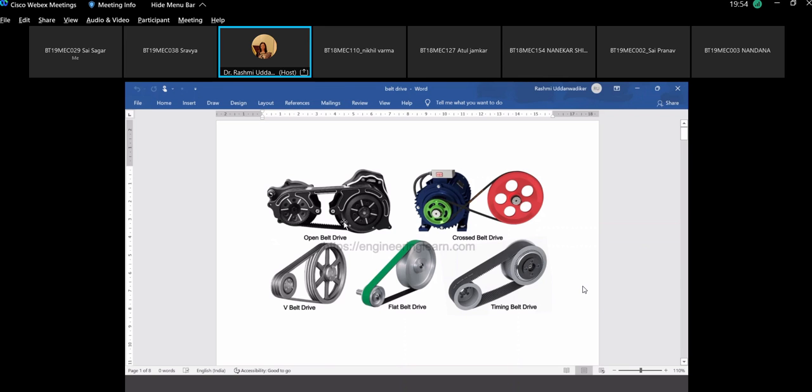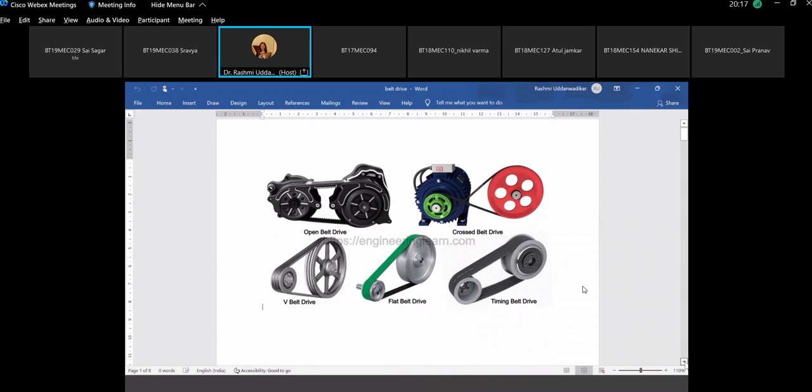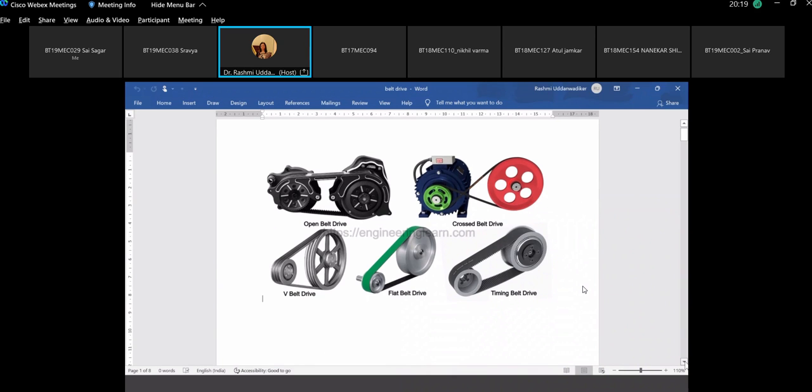Normally when the shafts are placed at sufficient distance away, and instead of using a gear and an entire gear train, it is better to use a belt drive. So belt drive applications are essentially for low cost, for long distance power transmission. And this is a friction drive. Unlike the positive drive, this is a friction drive.